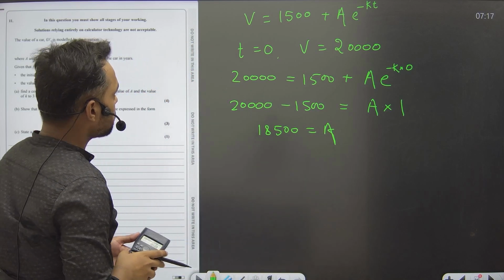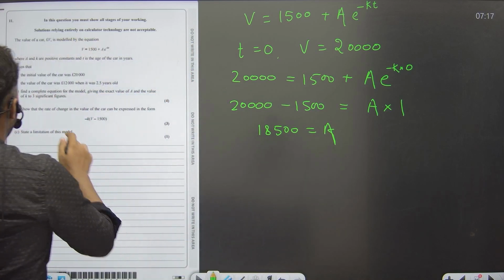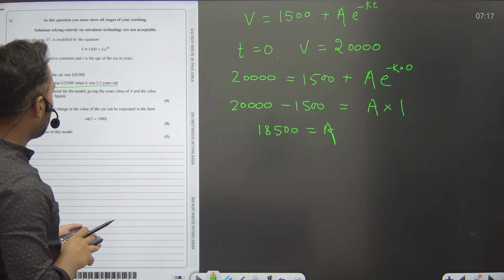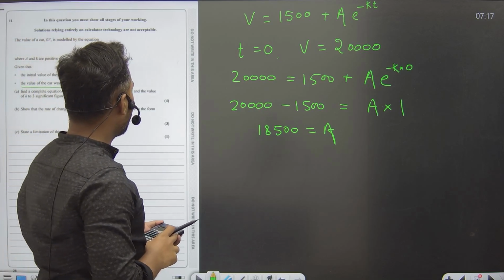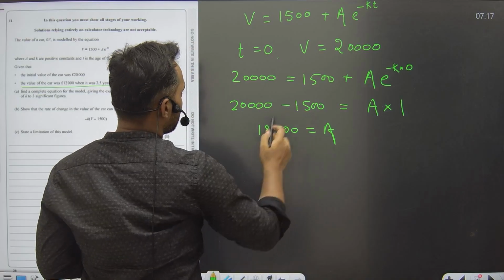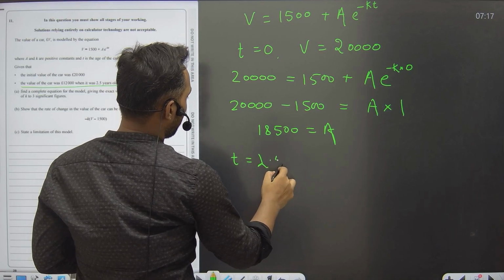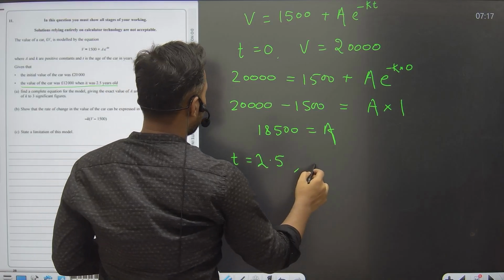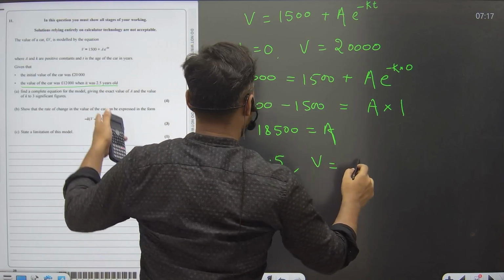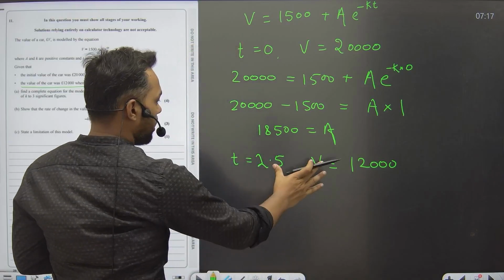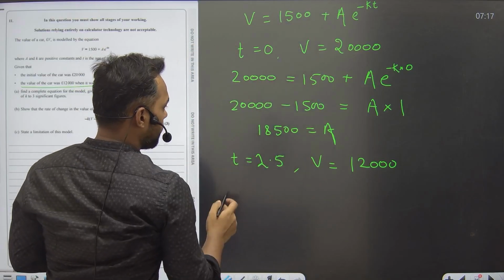Now what we need to do, we need to analyze the second statement as well. The value of the car was 12,000 euro when it was 2.5 years old. So now here we need to plug in the value of t as 2.5, and the value is given in the question that it gets reduced to 12,000 euros. So again we need to plug this value into this particular equation.